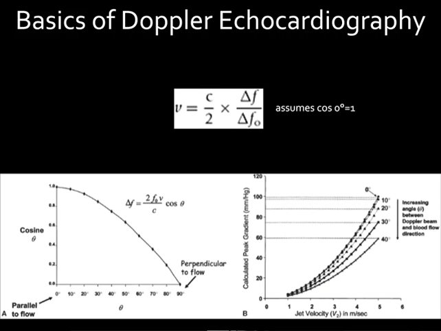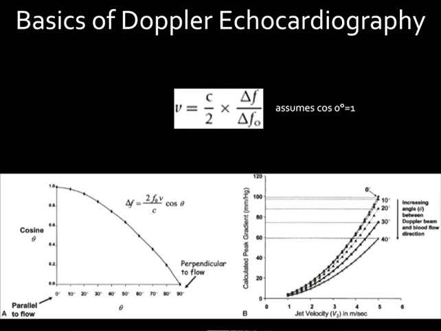So a Doppler can give us excellent information about hemodynamics, but if you're not parallel to flow, you're very likely going to underestimate your velocities and subsequently your pressure gradients that you are using them to ascertain.